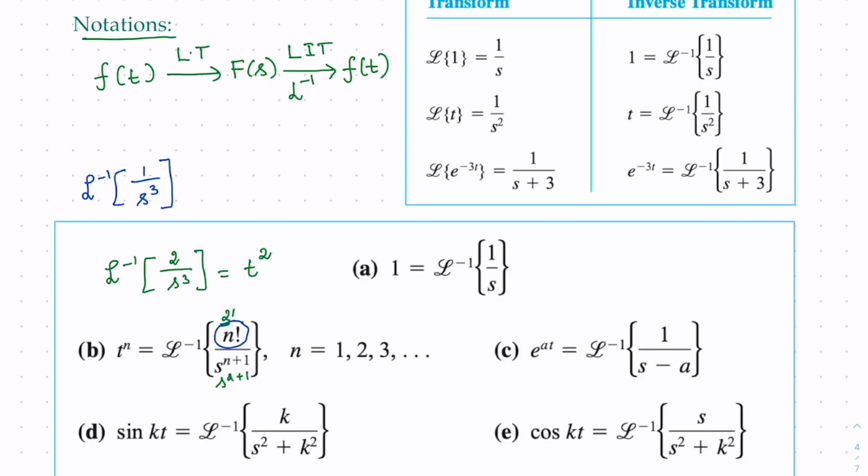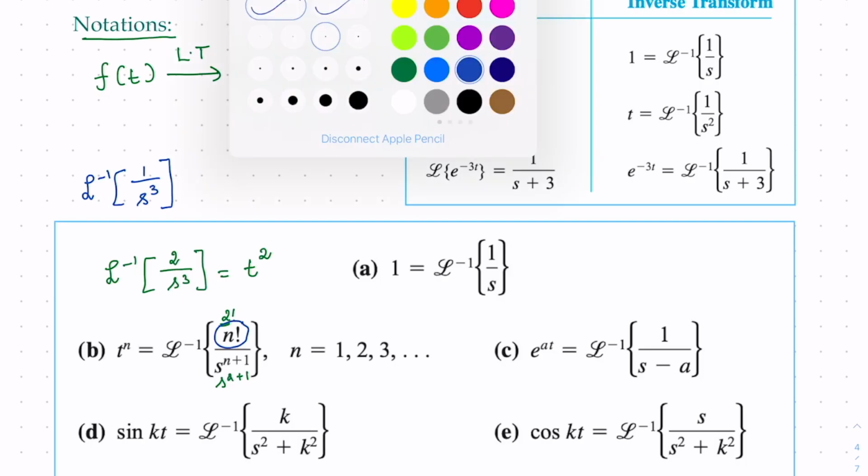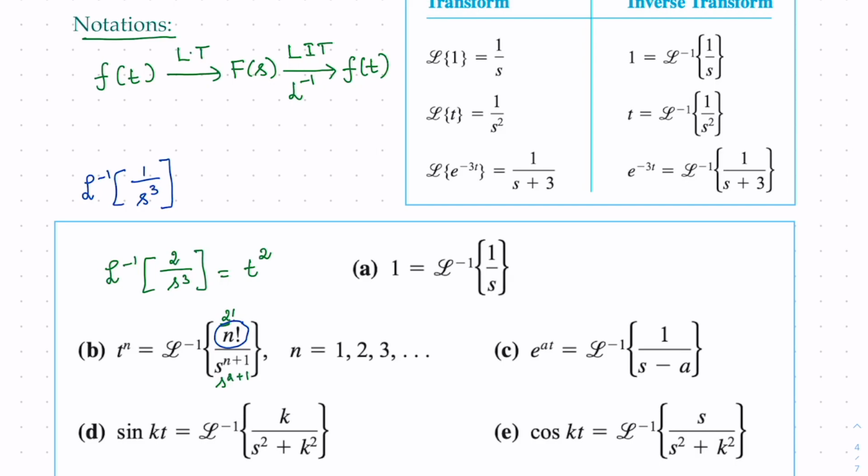So what you're going to do is multiply by 2 factorial and divide by 2 factorial. Because of the linearity, you can put this 2 factorial inside and keep the other one outside. Now this is going to be 1 over 2 factorial, which is 1 over 2, times t squared.